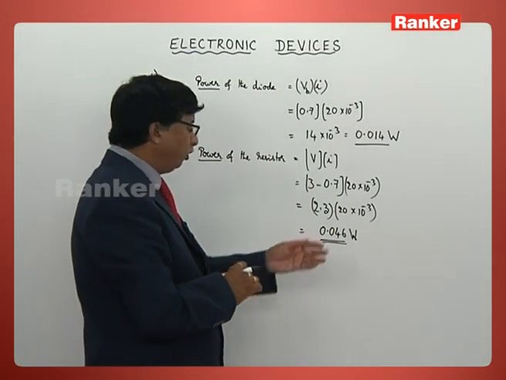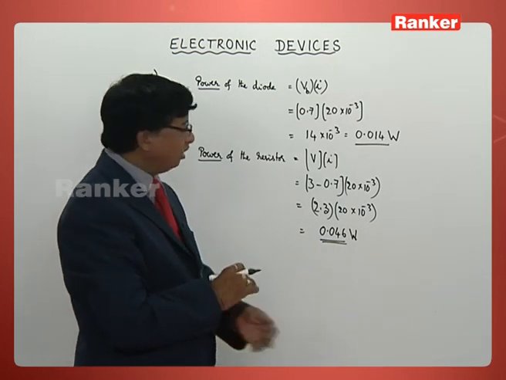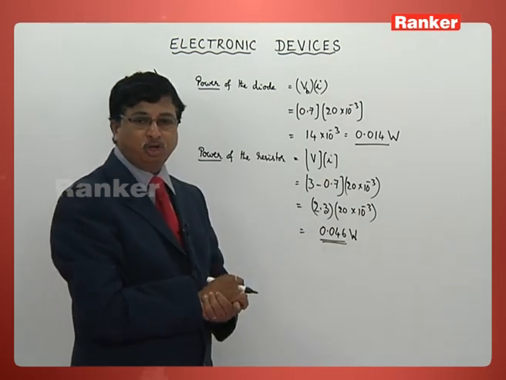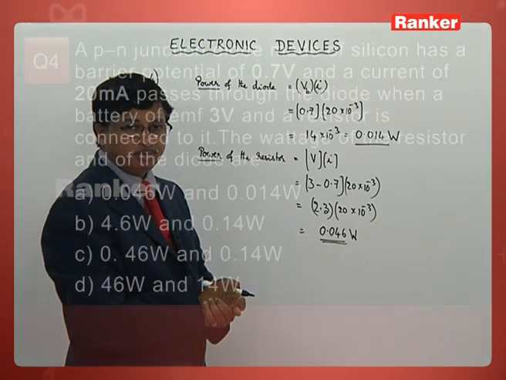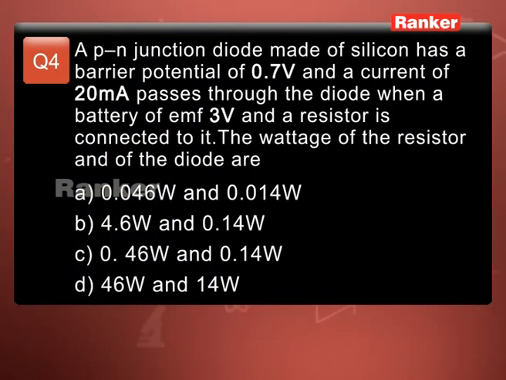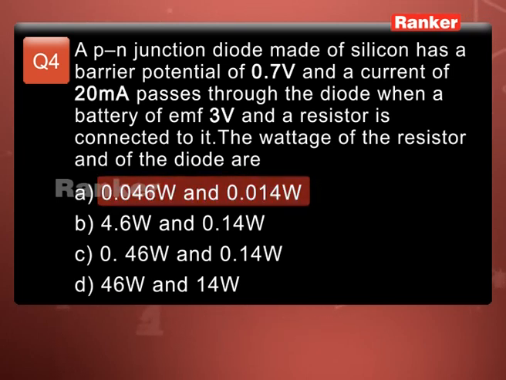So one is 0.046 watt and one is 0.014 watt. Both the values are given in the very first option, so we can directly take the first option as the correct answer.